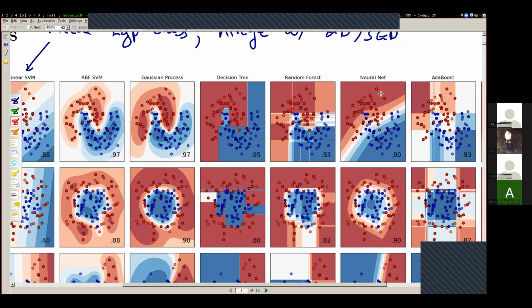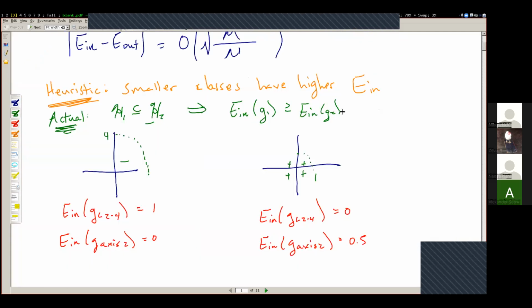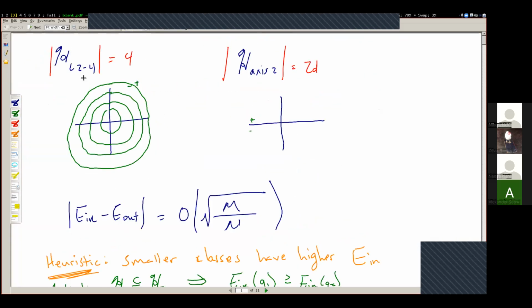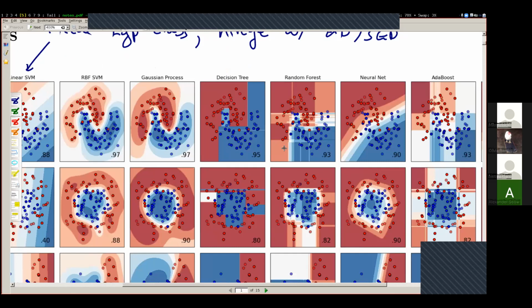We can control the generalization error for anything using the VC dimension, but the in-sample error might be better for decision trees than neural networks on your particular problem. Just like on your particular problem with these two hypothesis classes, the in-sample error might be better for the circles or the axes, just depending on what your data actually looks like.